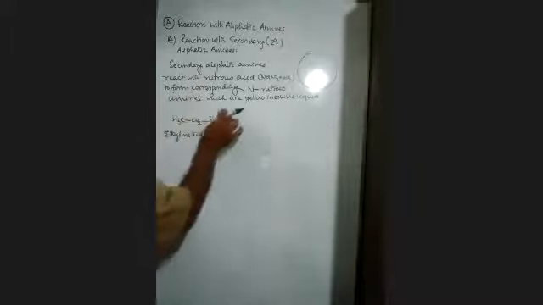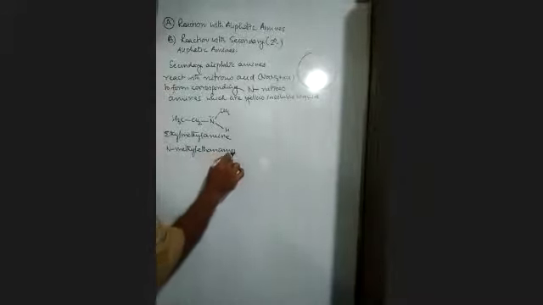What is the IUPAC name? According to IUPAC, the longer chain is the main molecule, and this is a substituent. So what should I write now here? N-methylethanamine. When two carbons are there, I'm not supposed to put the position of the amine.